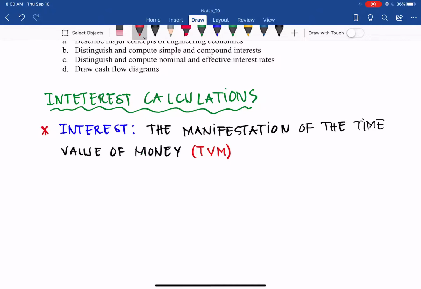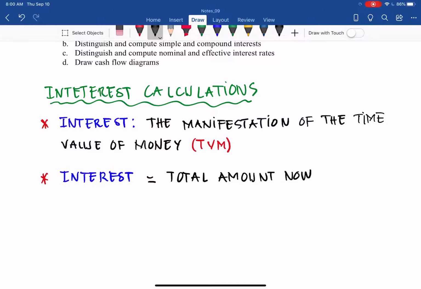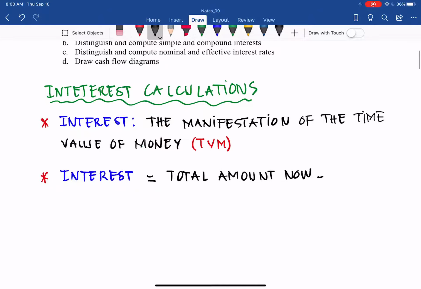And then how to determine the interest? Basically, it will be equal to the total amount now subtract the original principal.